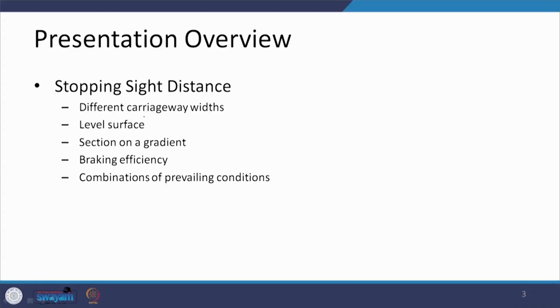So, in this direction today we are going to talk about the stopping side distance, and we will be talking about it for different conditions such as carriageway widths, the leveled surface versus the gradient surface, or the efficiency with which the brakes are being applied, and finally we need to see how the combination of all of these conditions makes a difference for the stopping of a vehicle in a given situation. So, let us start with it.